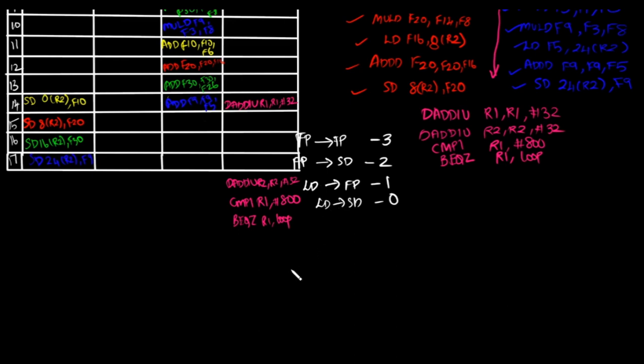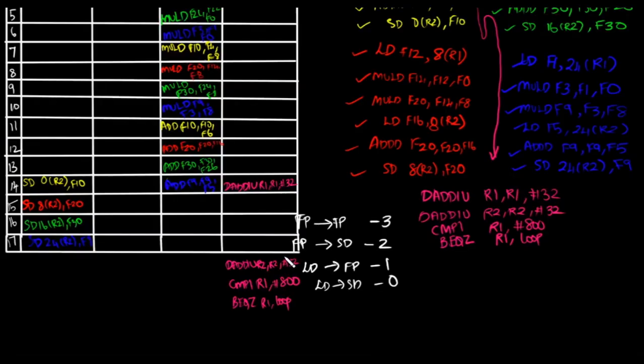So we'll require 20 clock cycles to finish this code. After filling all these fix-up codes and everything, it takes us 20 clock cycles: 17, 18, 19, 20.